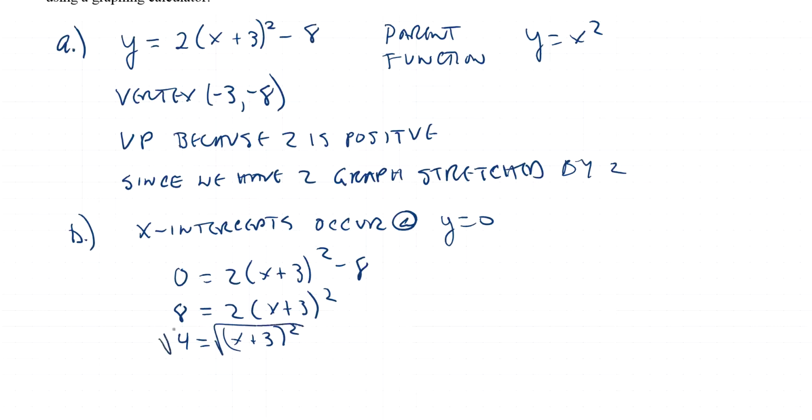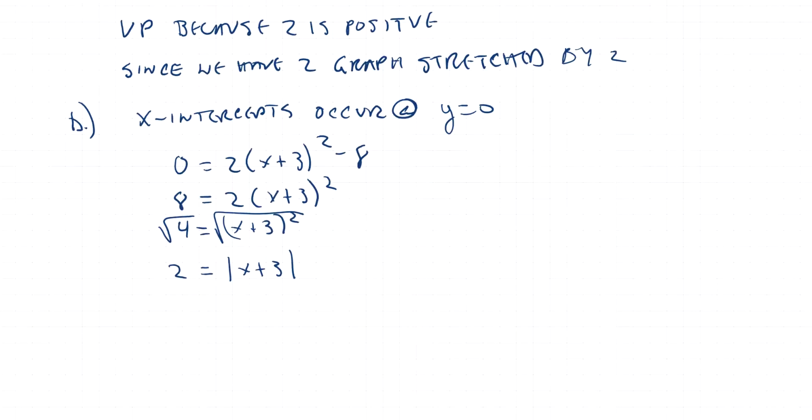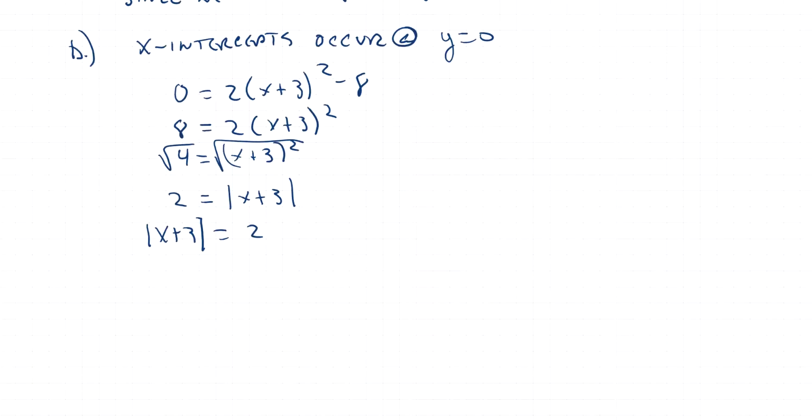Take the square root, and so then we get x plus 3 equals 2. Actually, I'm going to rewrite this. x plus 3 is going to equal plus or minus 2.